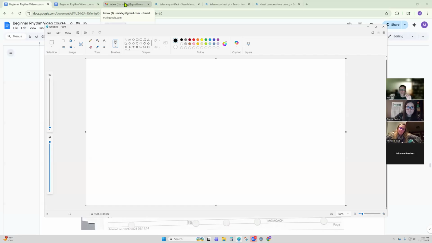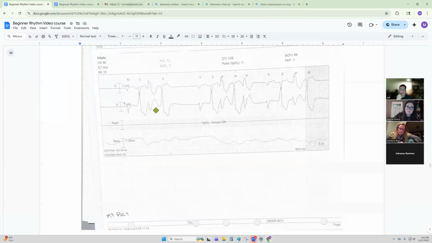Where multifocal is purely coming from left, right kind of thing. Back to this example, positive, negative. So there is a difference between polymorphic and multifocal. Polymorphic, you could have, well, like torsades. Torsades is a very specific form of polymorphic VT.